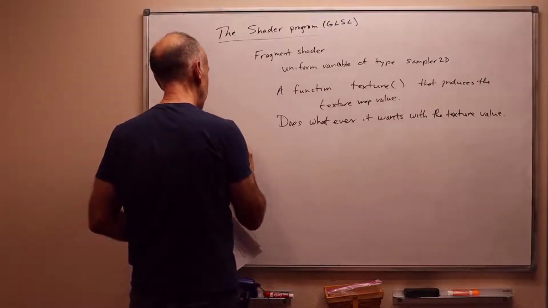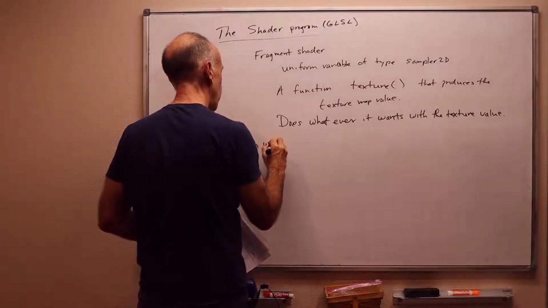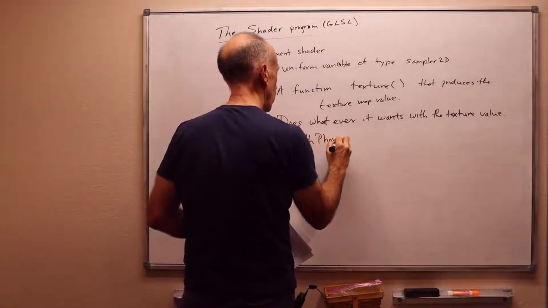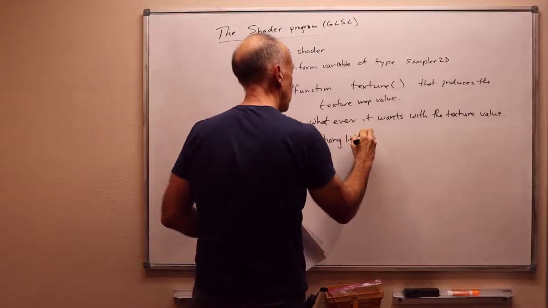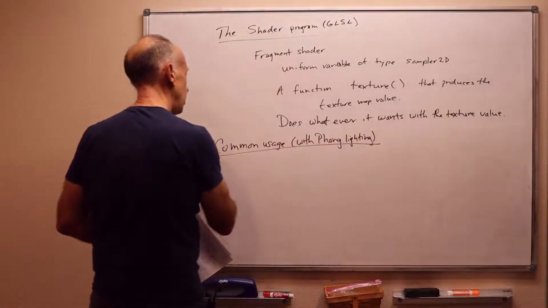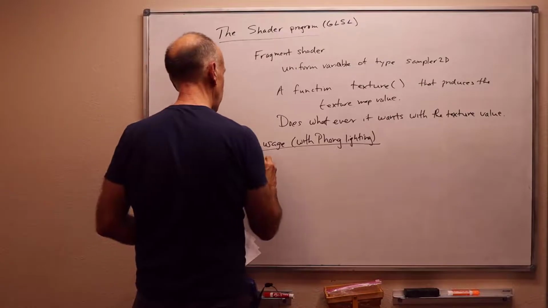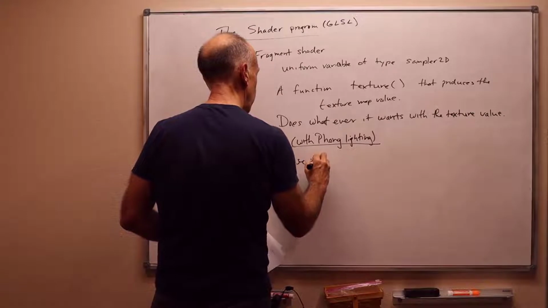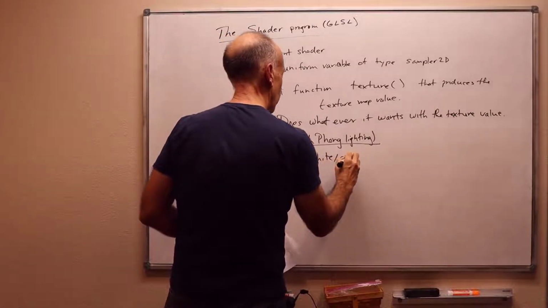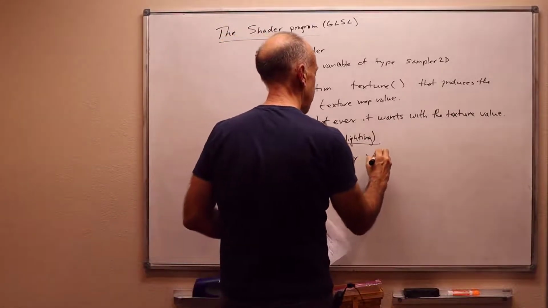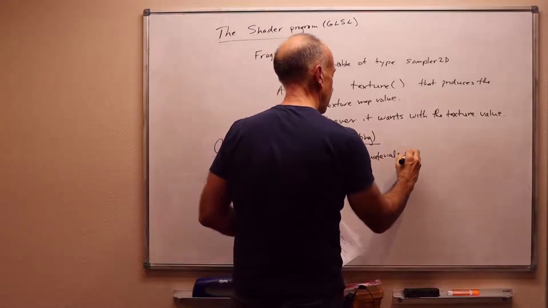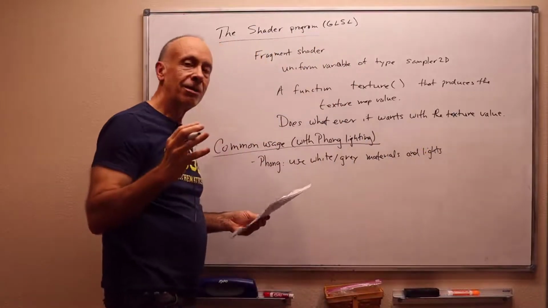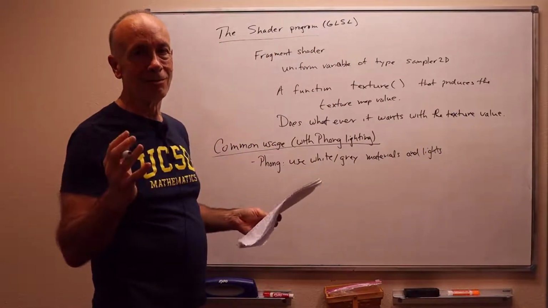The common usage with Phong lighting or other local lighting models is to use Phong lighting on white or gray objects. So the Phong code uses white or gray materials and lights so that everything is just rendered bright, something between dark and bright white.